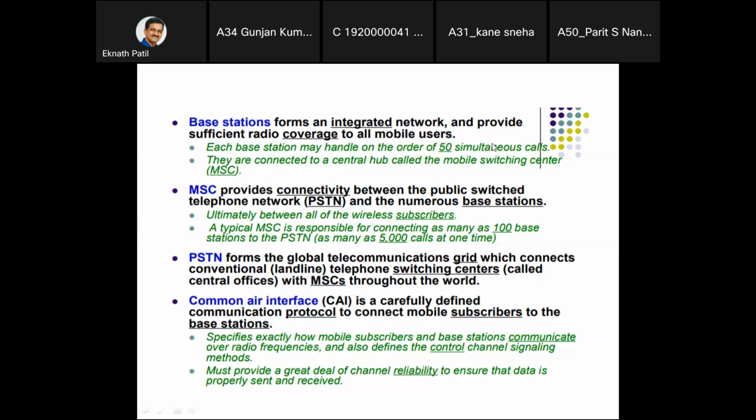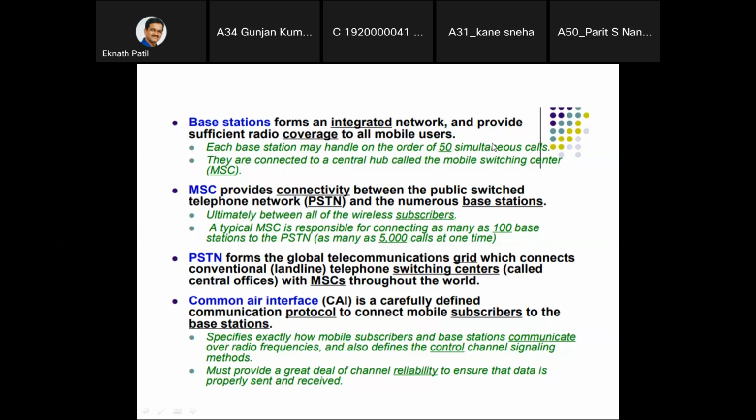it is a wired connection that is desired, or otherwise the mobile switching center is connected to another base station, in whose area that particular mobile is present. It happens only in terms of milliseconds, around 2-3 milliseconds it requires, and all the things take place and the call is connected.